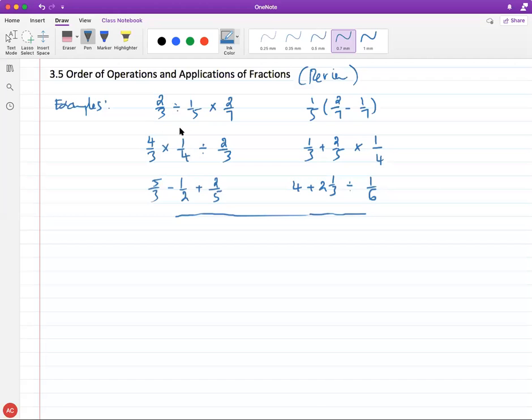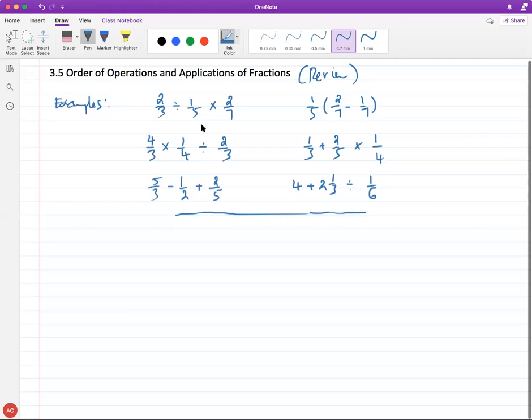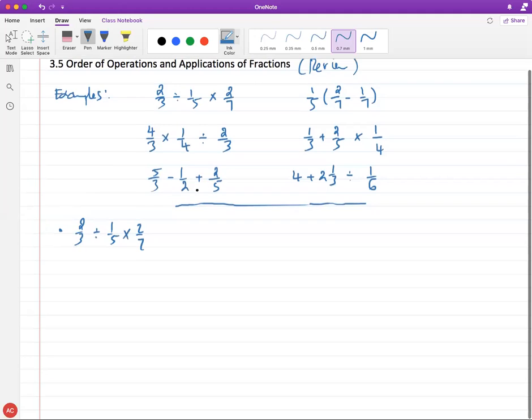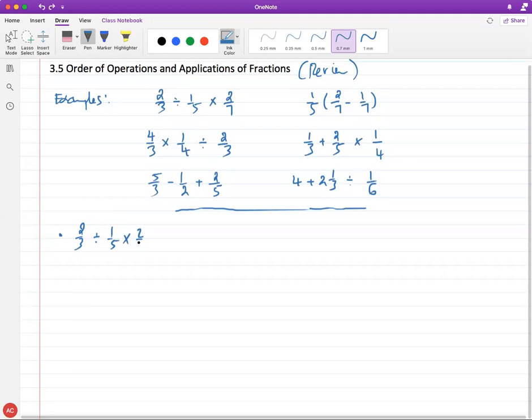All right, so let's go over these together. So the first one here, 2/3, 1/5, and multiply by 2/7. Okay, so what do you do first here according to the order of operations?